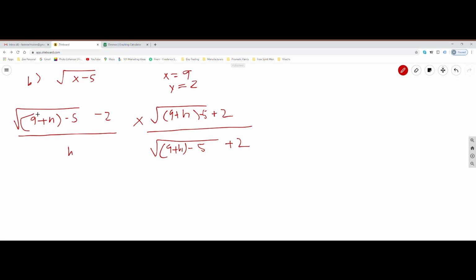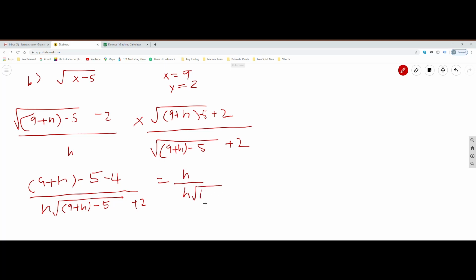So when you multiply roots, it's just 9 plus h minus 5, 2 times 2 is minus 4, over h times the square root of 9 plus h minus 5 plus 2, equals h over h times the square root of 9 plus h minus 5 plus 2.